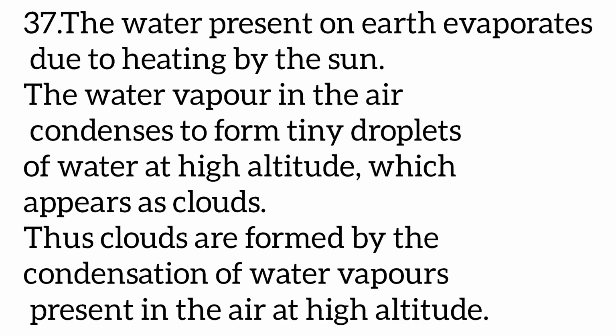The water present on the earth evaporates due to heating by the sun. The water vapor in the air condenses to form teeny droplets of water at high altitude, which appears as clouds. Thus, clouds are formed by the condensation of water vapor present in the air at high altitude.